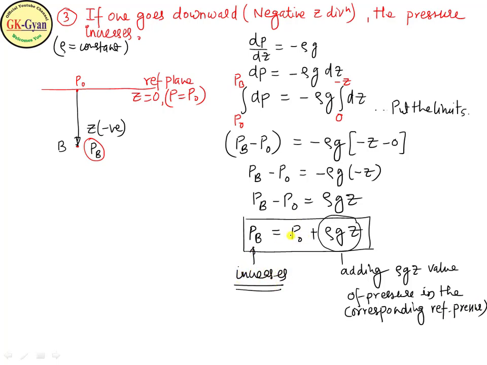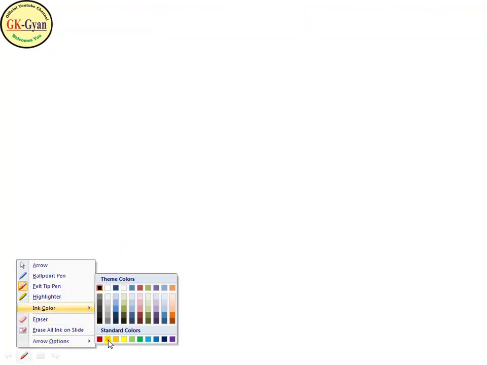So got it? Here we are adding the rho gz value of pressure to the reference pressure. Therefore at point B, if you are moving downward, that is in the negative z direction, the pressure will increase. Got it? This is the third concept. Now we will move to the fourth one. What is the fourth one? The fourth one says, if one moves along a horizontal plane, the pressure remains constant.